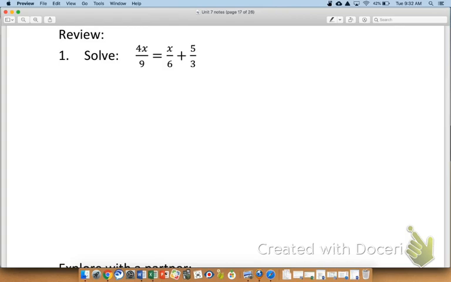So what's the least common multiple of 9, 6, and 3? That's the greatest common factor. I'm looking for the least common multiple. 18, right? 9, 6, and 3, they all go into 18. I think 18 is the smallest number that they all go into. So this will be our first concept here. We're going to look for the least common multiple of all of the denominators, and that would be 18.